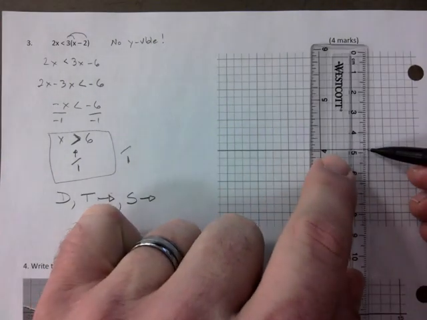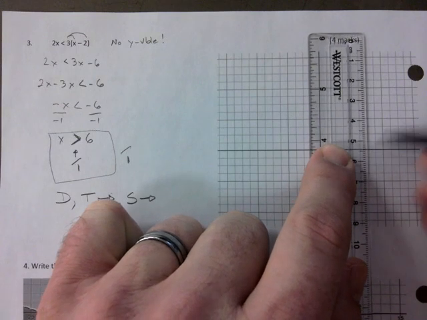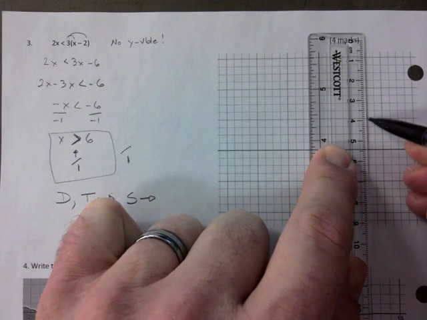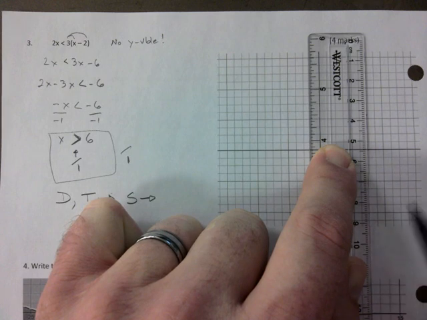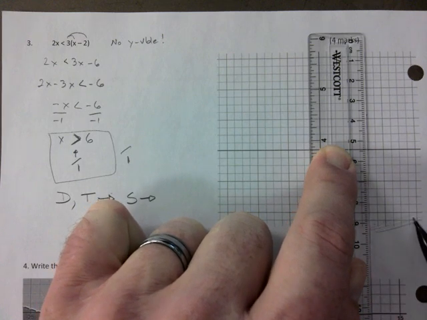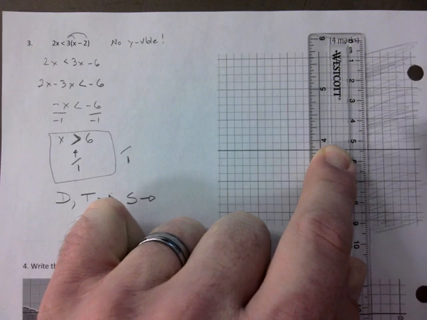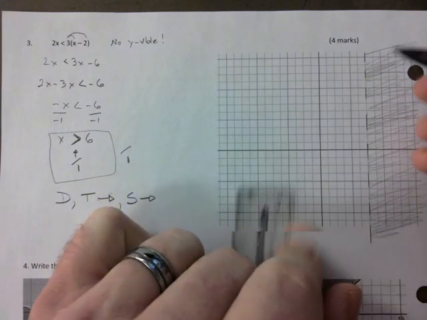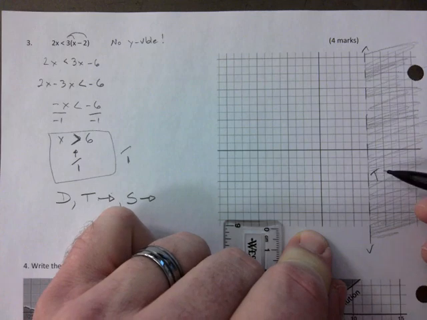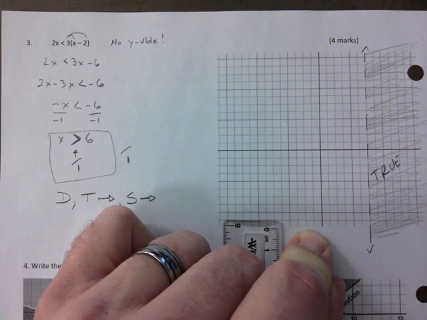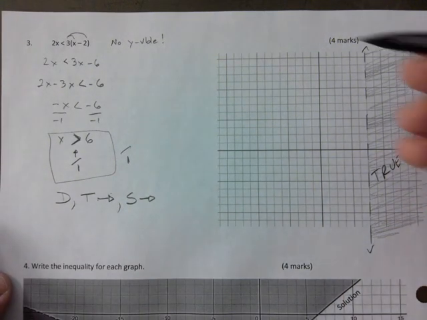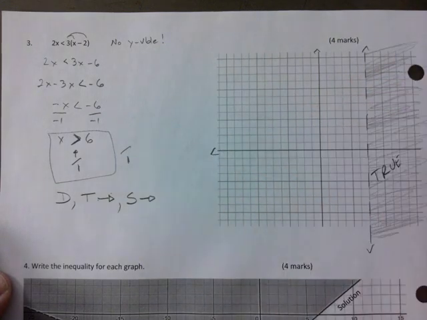So 6 is right about here. And I'm already going to shade. I hope it doesn't mix you up that I'm using regular versus reverse. It has to do with making it easier to see our solution region.